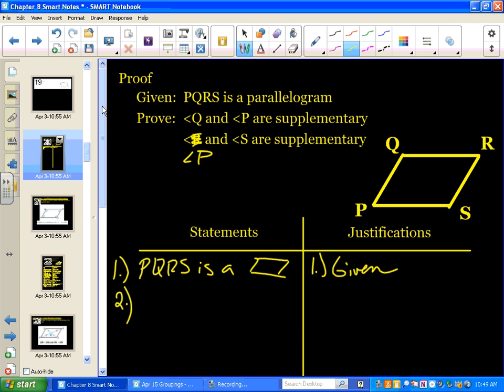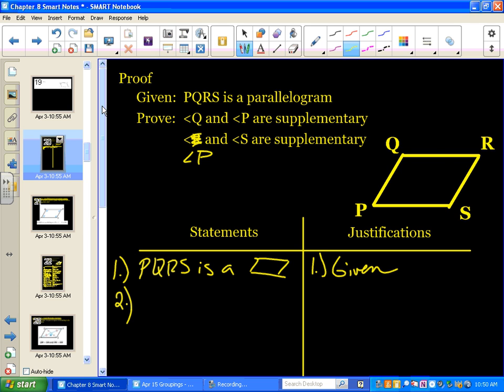I'm going to make this a little bit more precise for us. Maureen. Justification. Yes, they are congruent. How is that going to help me get Q and P to be supplementary? I don't know. Okay. You guys are overlooking the most obvious thing here that will help. Pierce. Why is QR parallel to PS? Definition of a parallelogram.